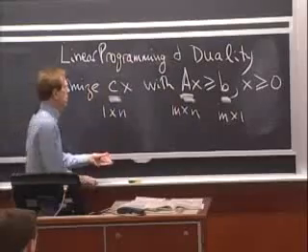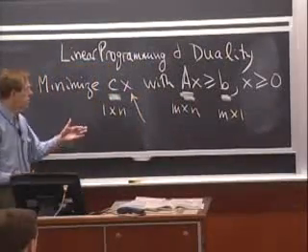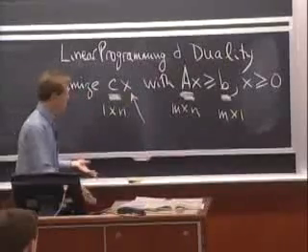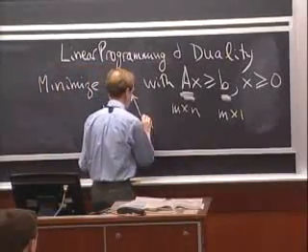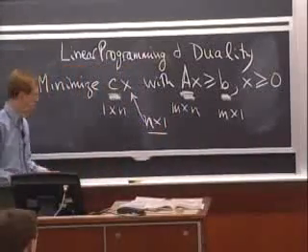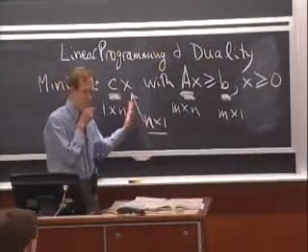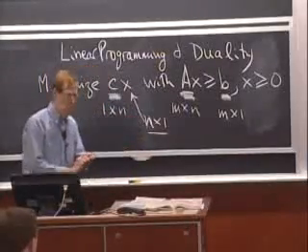And then the unknown, this is the thing that we're to find, it's a column vector, n by 1. Okay. And the point is there are constraints, and those are linear too.